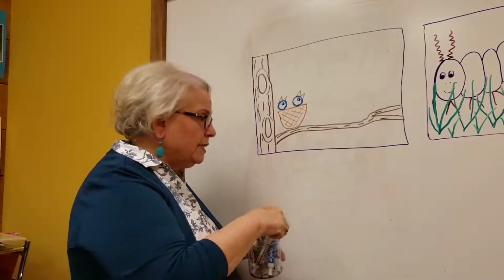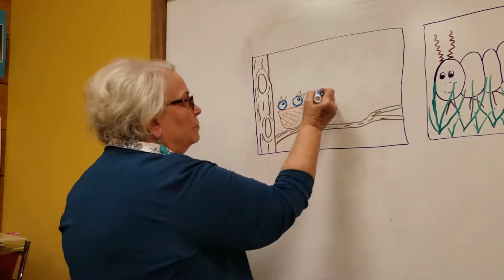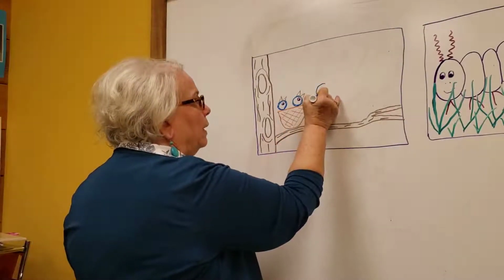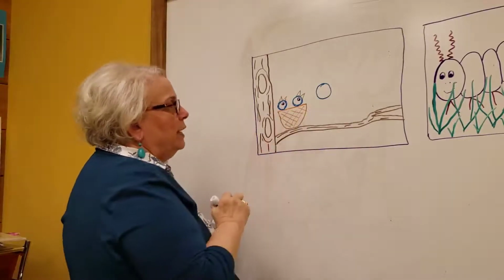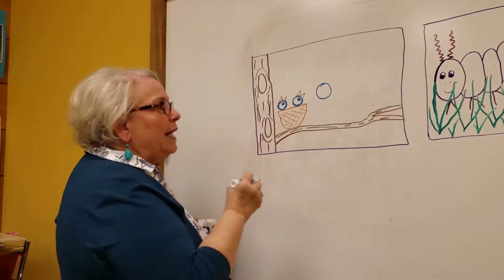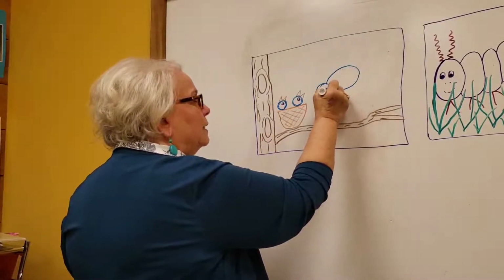So I'm also going to come right over here and draw a little bit larger circle, a little bit larger than the two that I just drew here, and an oval shape connecting it.